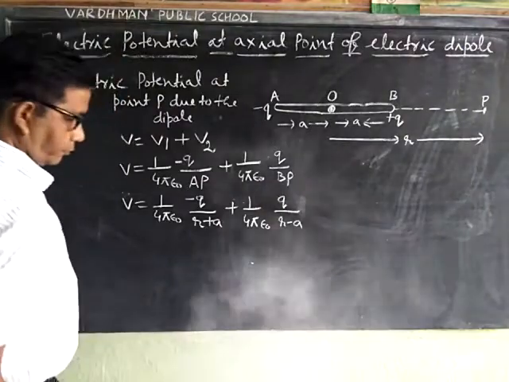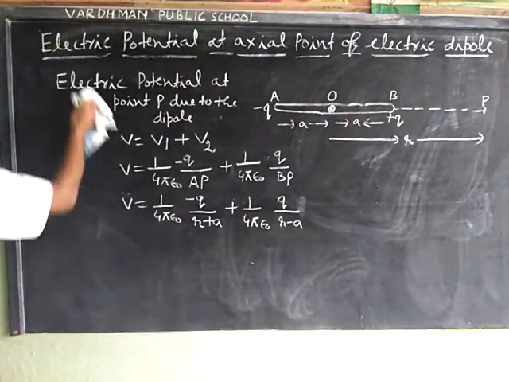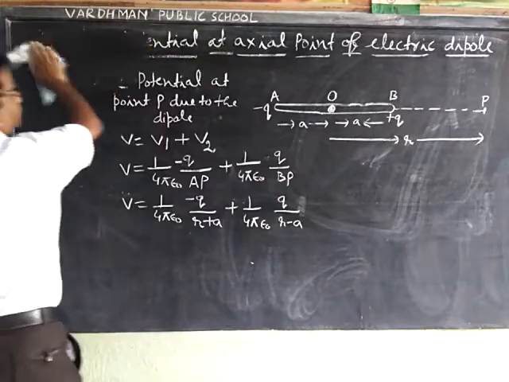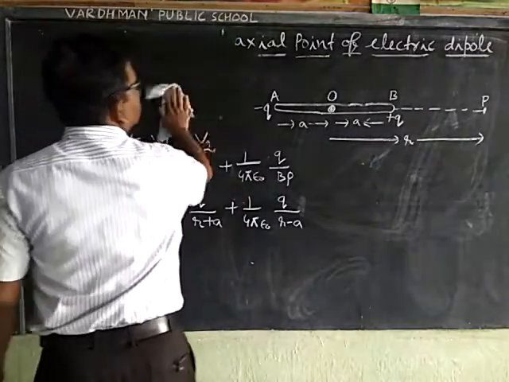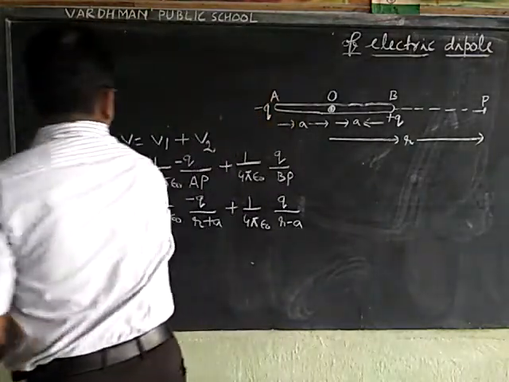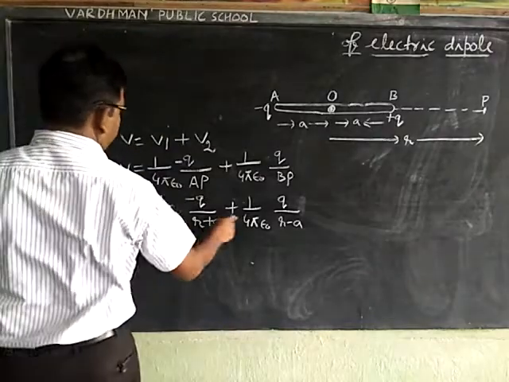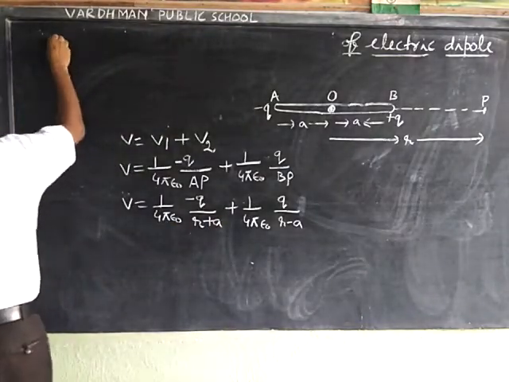Now we can write it, we take Q upon 4 pi epsilon naught common.